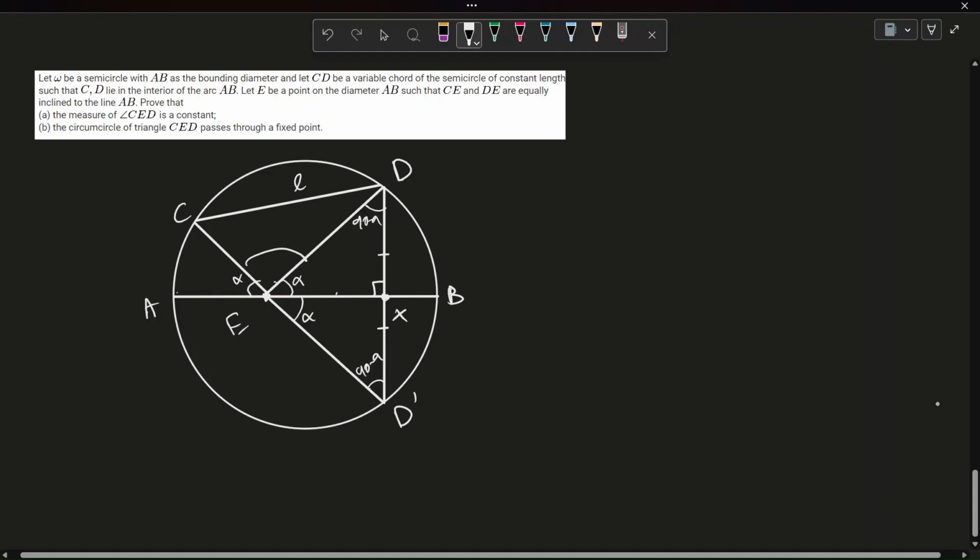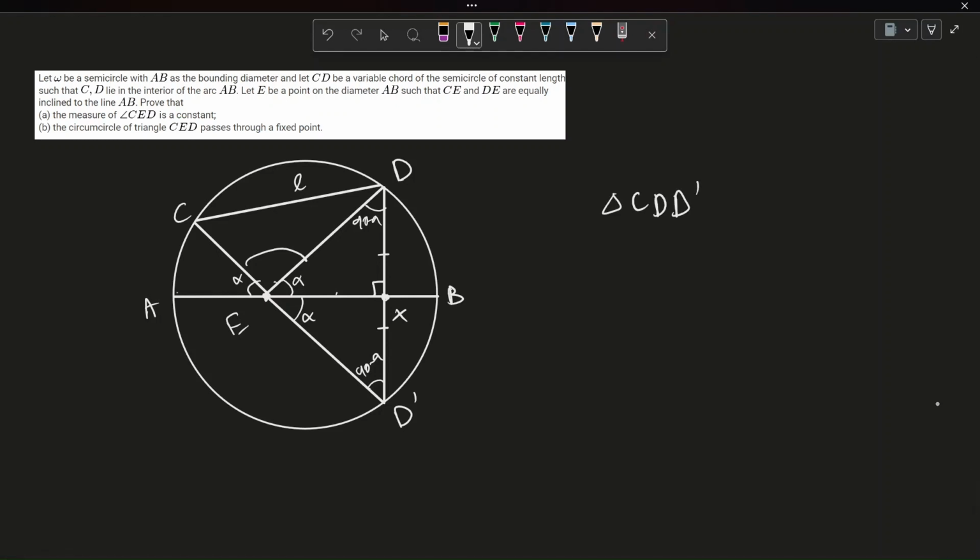Now consider triangle CDD dash. If we consider triangle CDD dash, then by sine law, what does the sine law say? It says that L upon sine of 90 minus alpha is equal to twice of R, where R is the radius of the circumscribing circle.